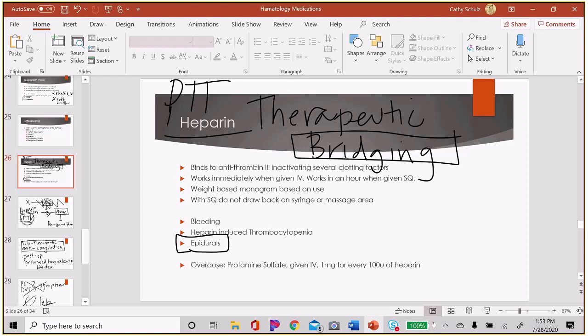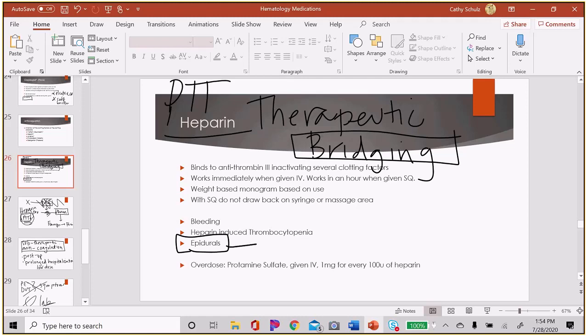So usually no epidural is placed after the patient has started heparin and Lovenox, unless it can be held for a while. Oftentimes people with major surgeries are given epidurals in the preoperative area before the surgery even happens. And in that case, they're going to wake up from surgery and they're going to be on heparin or Lovenox at some kind of dose.